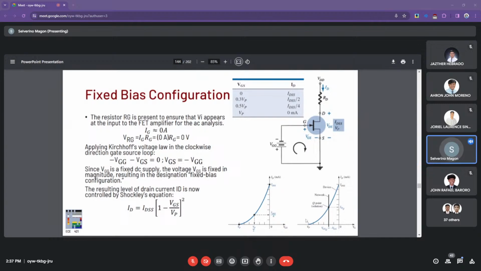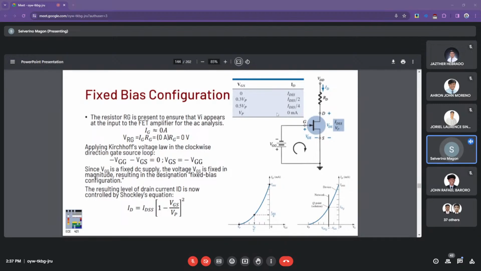Next is to proceed with the analysis of the output loop, and that is through the drain to source network. Here we make use of Shockley's equation, and we introduce values at various values of IDSS or VGS.